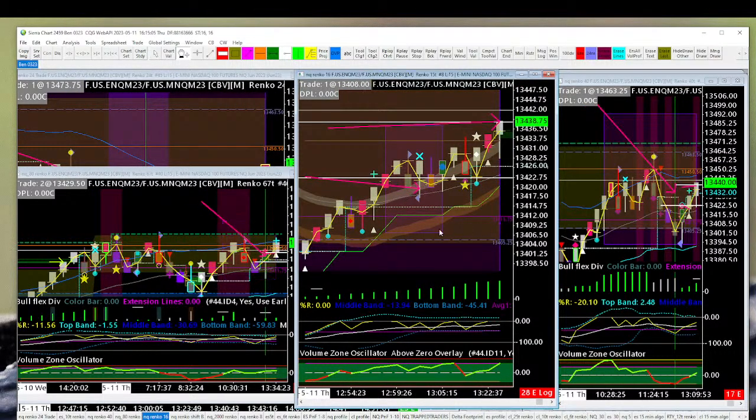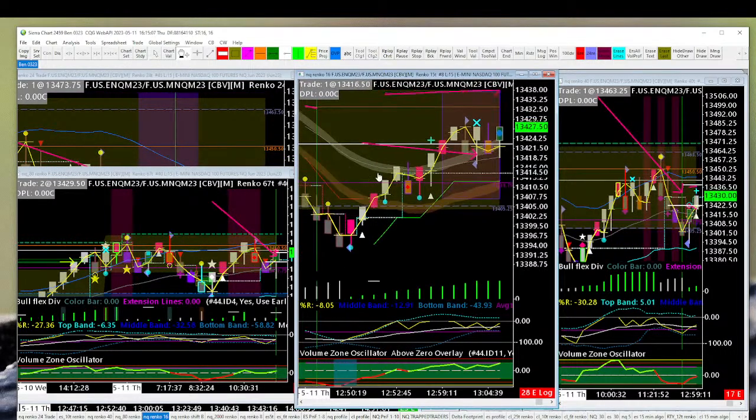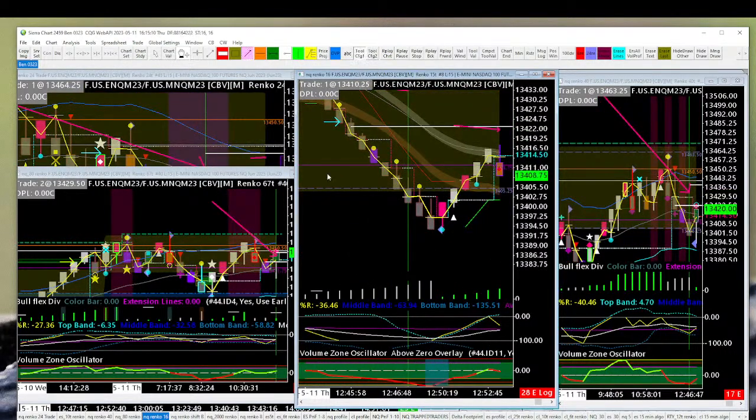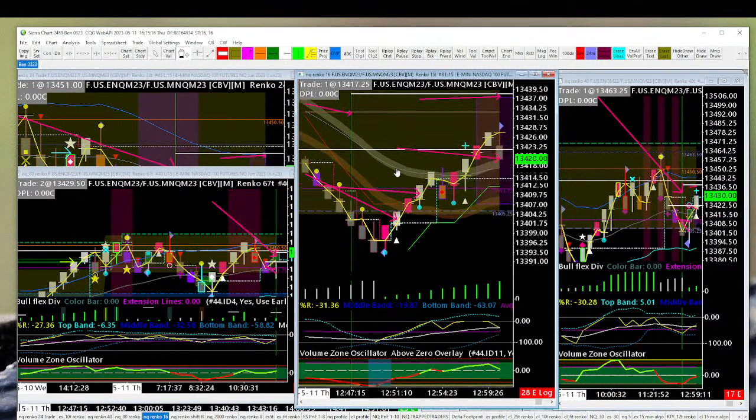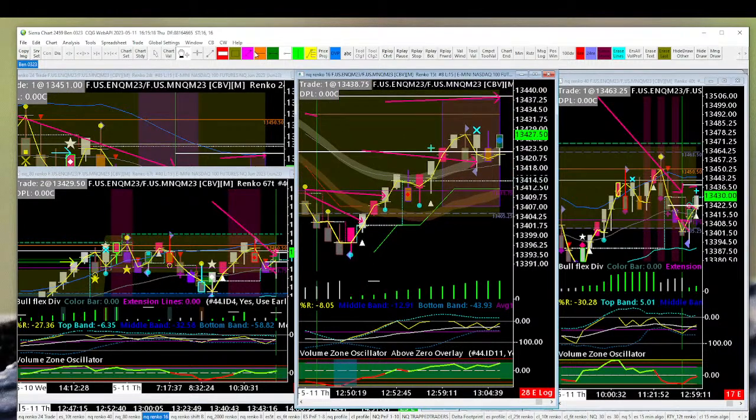Whereas, like I said, if you instead feel the need to buy here or here and otherwise you won't pull the trigger, then what you need to do is figure out how to get in at that price, or near that price, when you have a better risk reward.